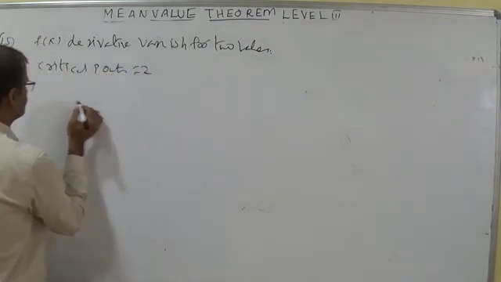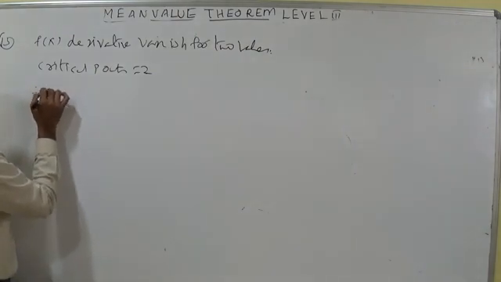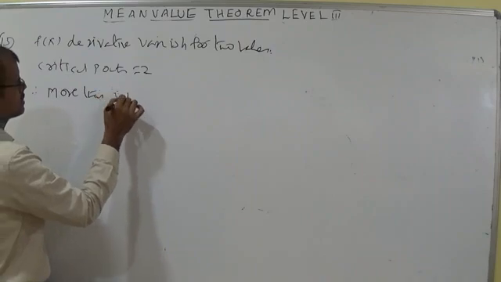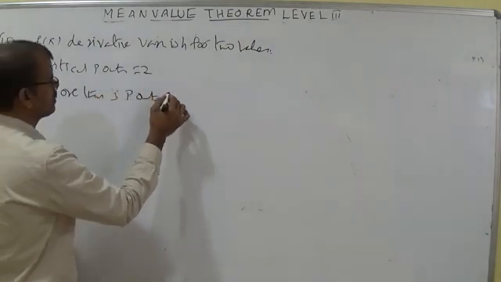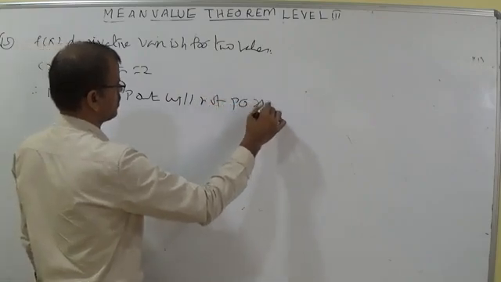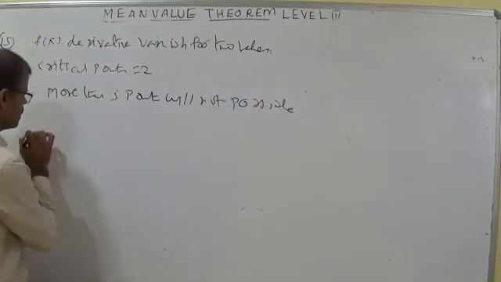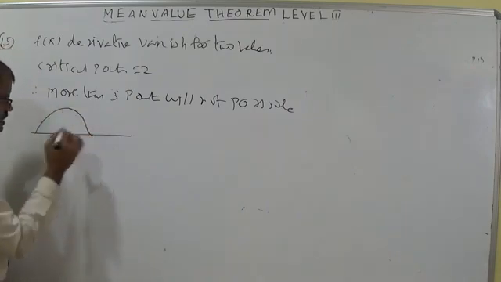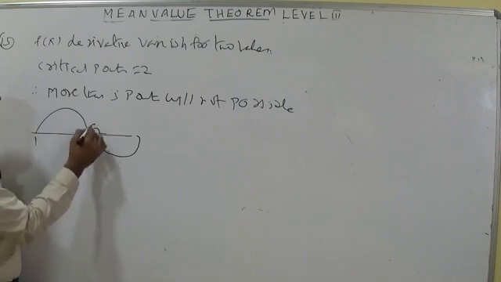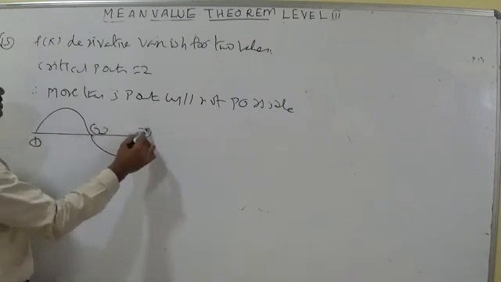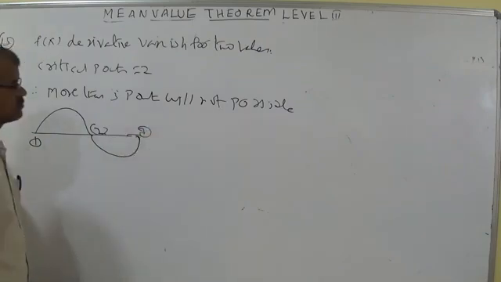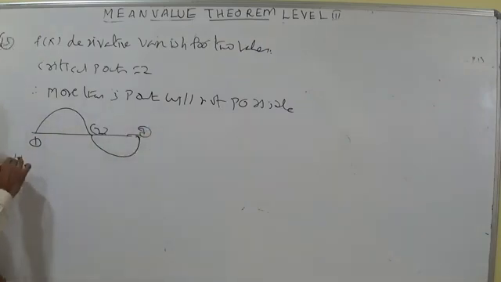Critical points equal to 2. Therefore, more than 3 will not be possible. Whenever the derivative vanishes, you get the term like this. This is the first term, this is the second term. So there is no chance of a third term. So more than 3 is not possible. That's all. Next, the 14th one.